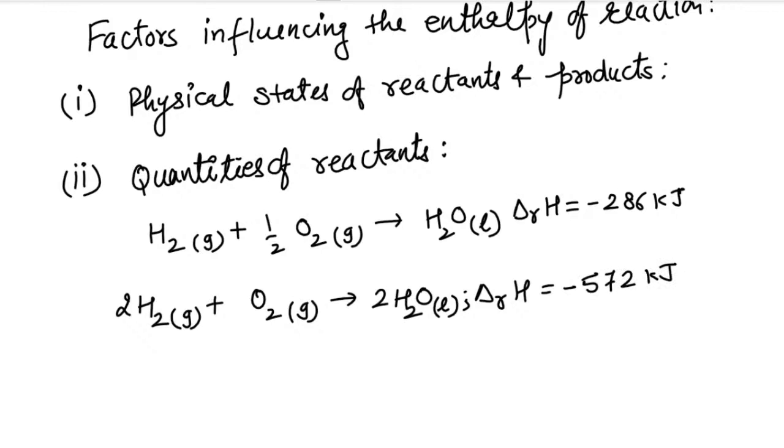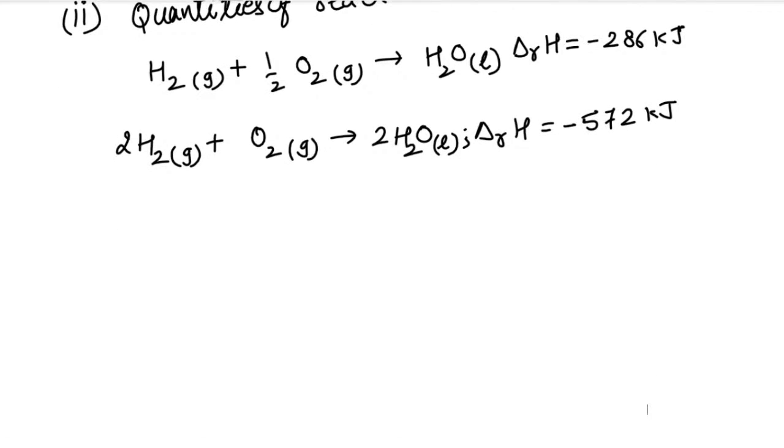That means if we increase the quantity, the enthalpy of reaction also increases. Heat absorbed or heat evolved increases on increasing the quantity of the substance. When the number of moles of the reactants is doubled, enthalpy change also becomes double. Now third is allotropic modifications of reactants.